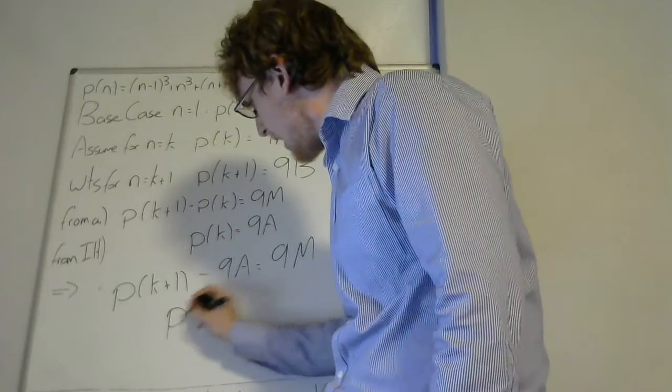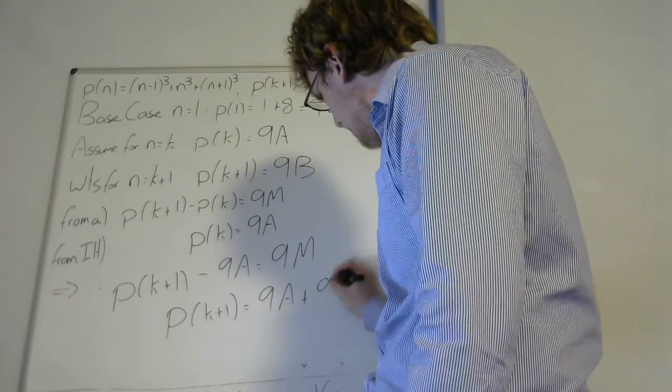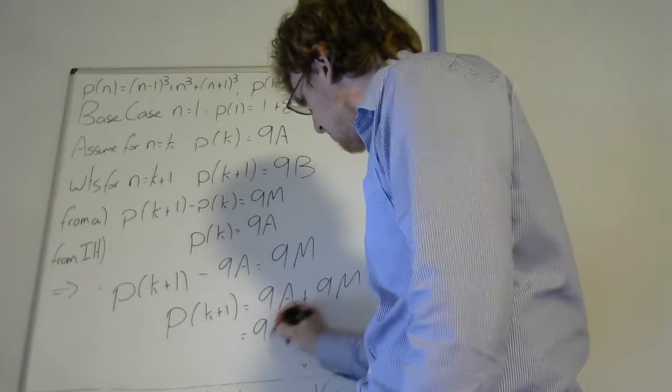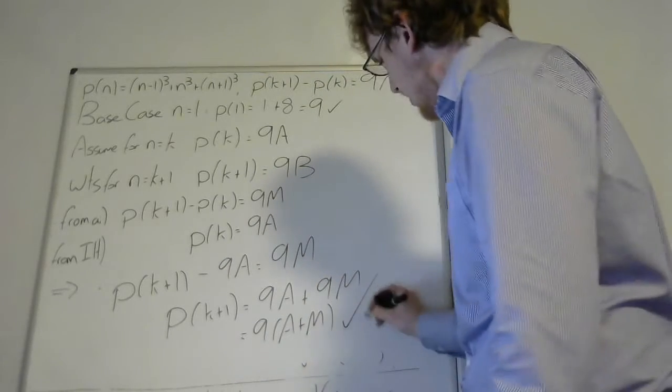So that means P of k plus 1 is equal to 9a plus 9m, and that must be a multiple of 9: 9 lots of a plus m. As required.